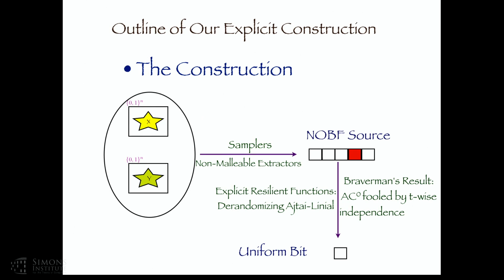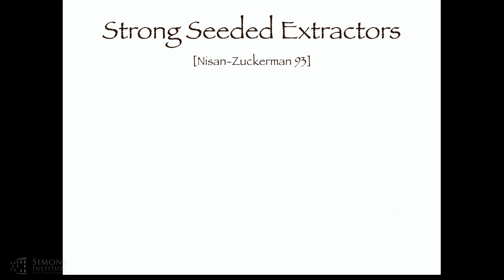All right, so the outline of the construction is the following: using some extractor machinery, given a sample from X and Y, we'll transform it into a single source, which has these white coordinates, which are good, they're independent, slightly lying, they're independent random bits, and red coordinates, which actually depend on these bits. And then we'll use some other machinery and some other pseudorandomness tools to get a uniform bit. All right, so let's start out with the ingredients.